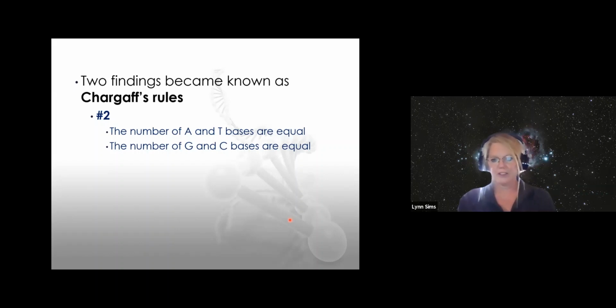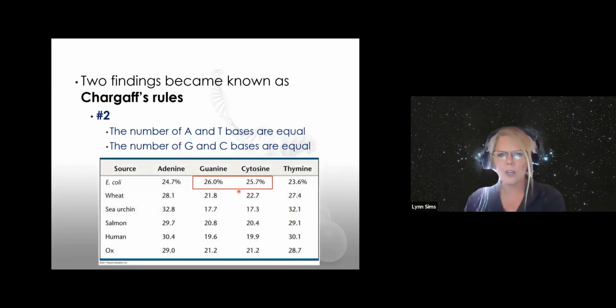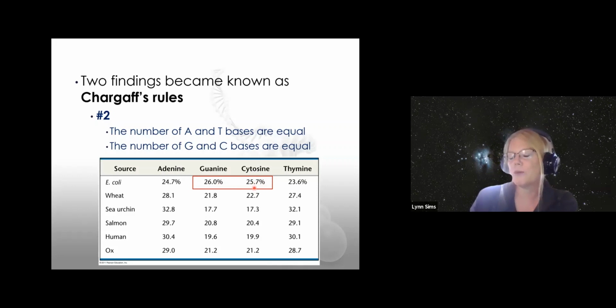And if we look back at this table again, I just highlighted guanine and cytosine because they were closer together. So we can see that in E. coli, guanine is about 26%, and cytosine is, if you rounded it up, about 26%. Same thing if you go down here to wheat, about 22%, about 22%.